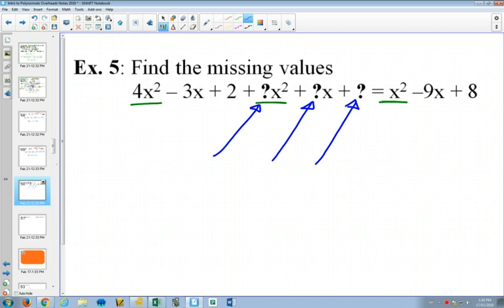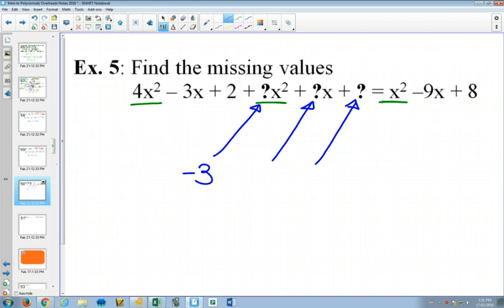So with these underlined ones, if these two underlined ones on the left side have to equal this underlined one on the right side? 3. It's going to have to be a 3, positive or negative? Negative. Yes. Because 4 minus 3 is going to give us 1.